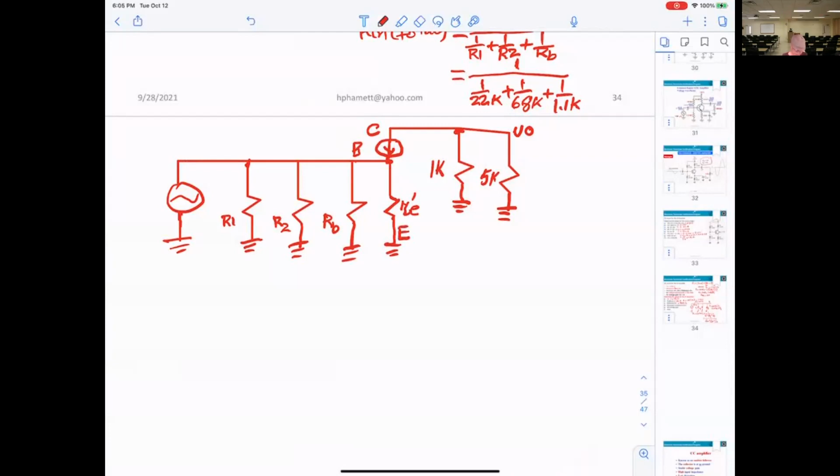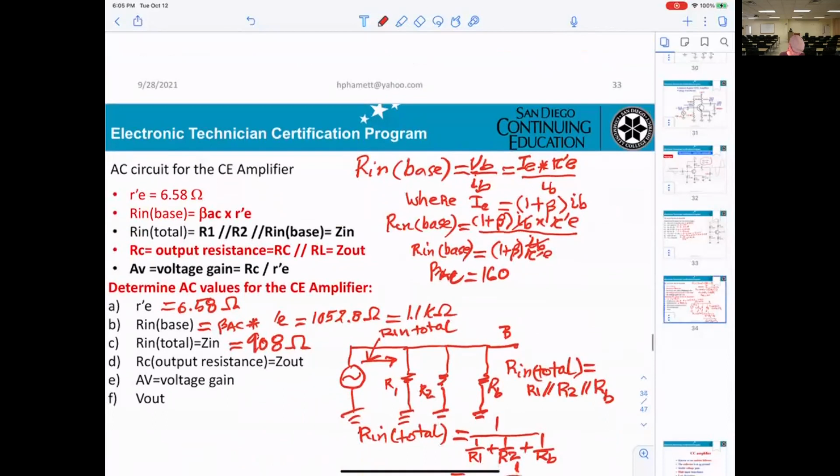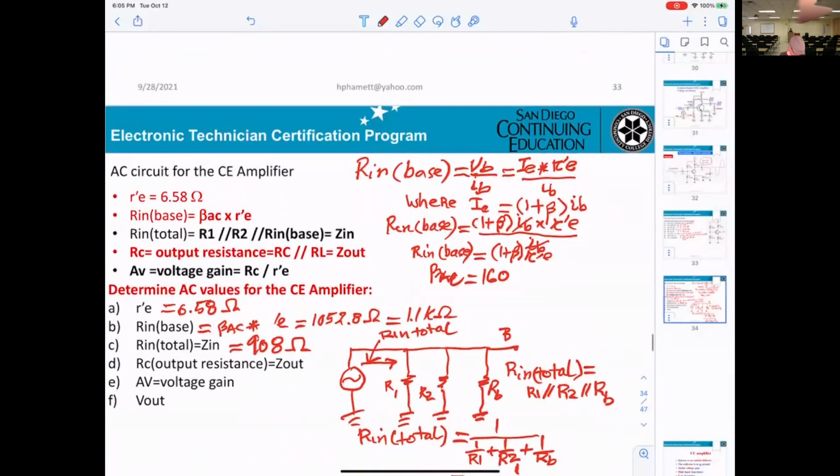So output resistance, you're looking from the collector here. They can say either G out or AC out. Now RC, output resistance, G out.